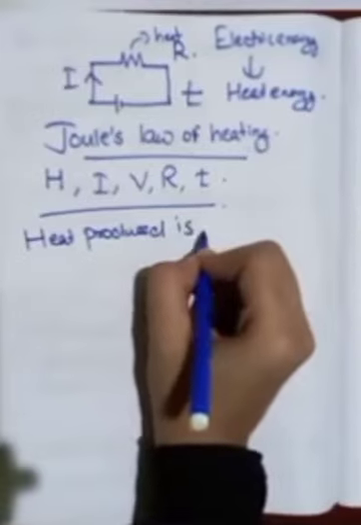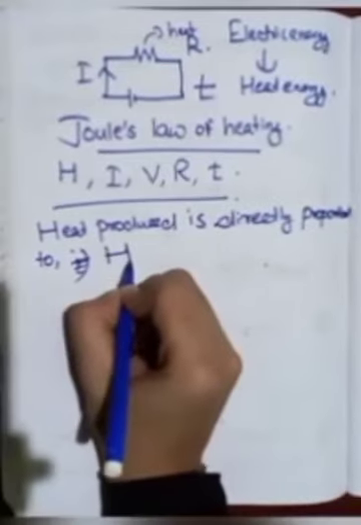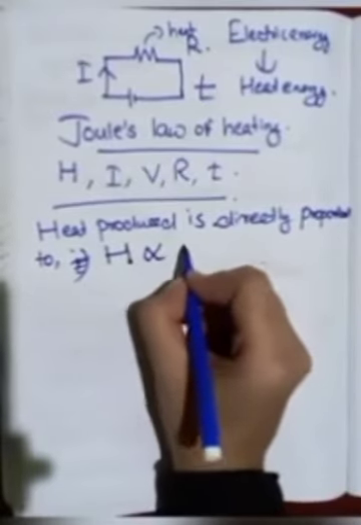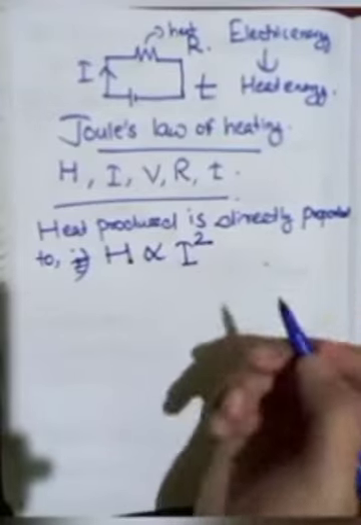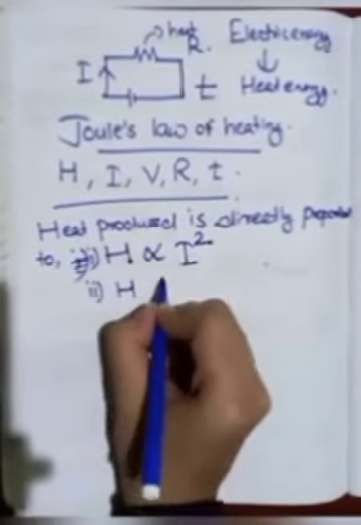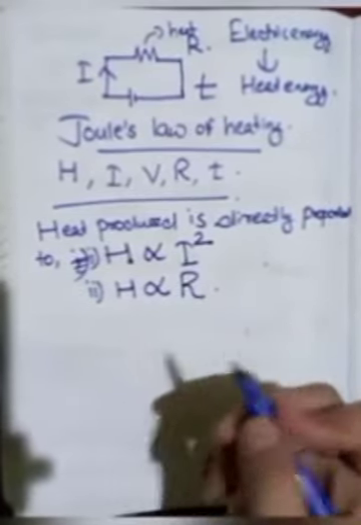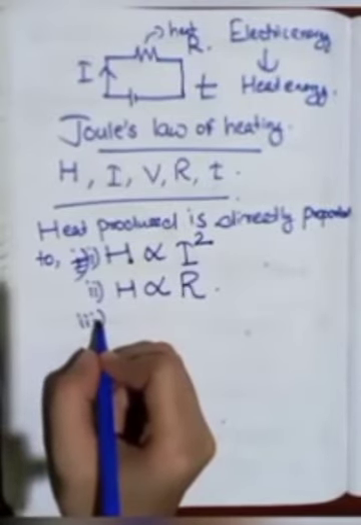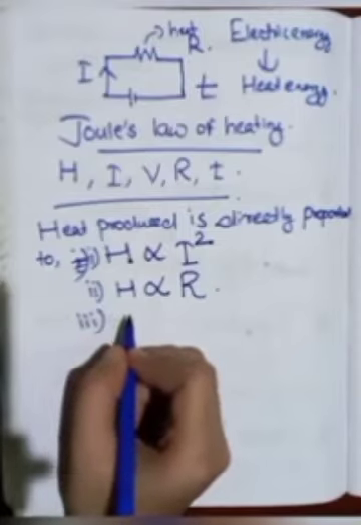Heat can be denoted by the letter H. That is, H is directly proportional to I square. The next one is that heat produced is directly proportional to the resistance. And the third one is that heat produced is directly proportional to the time for which the current flows through the resistor.